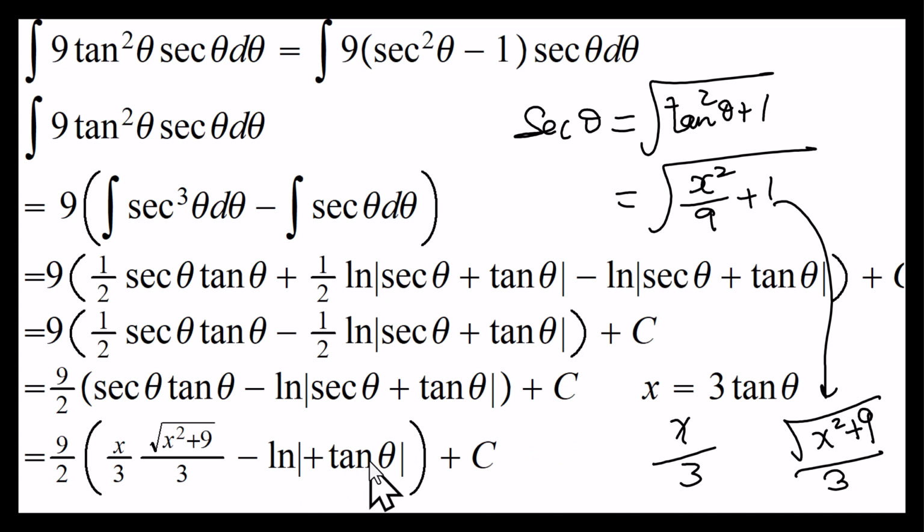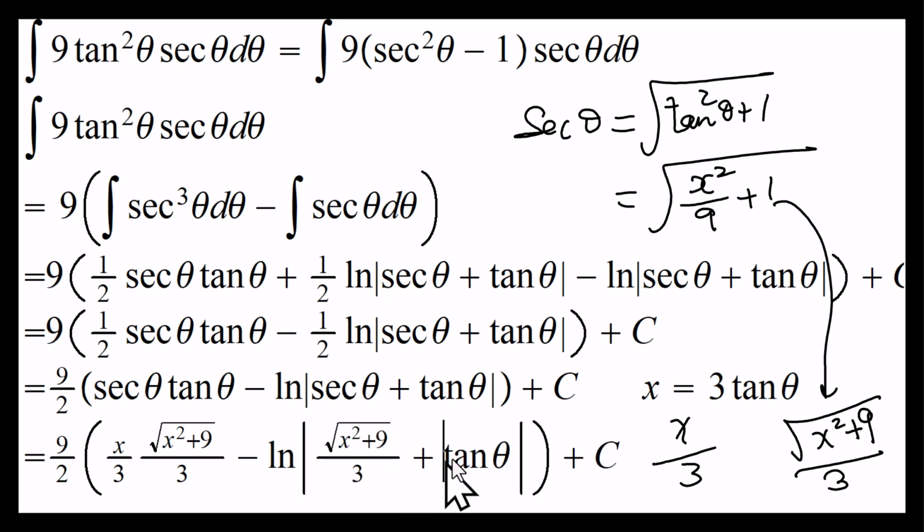So right here, square root of x square plus 9 over 3, and here we have how much? Simply x over 3. Okay, so that's the final value. You can go ahead and do the cancellations if you would like.